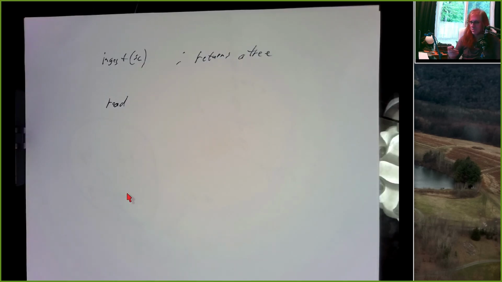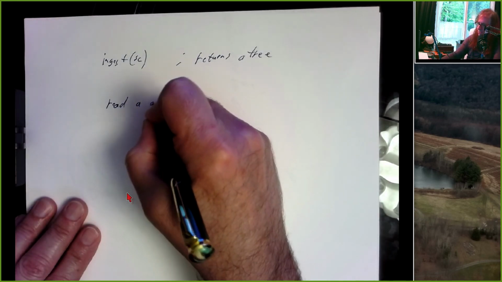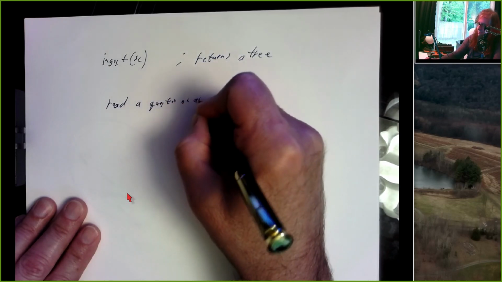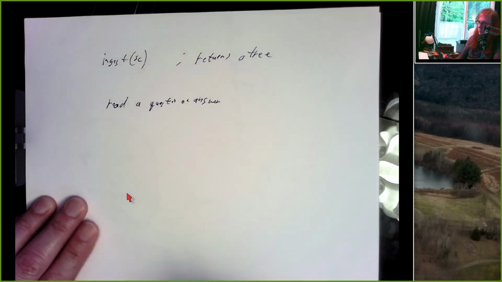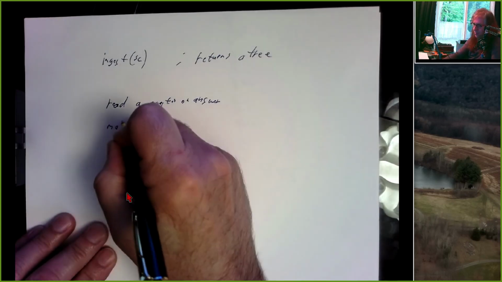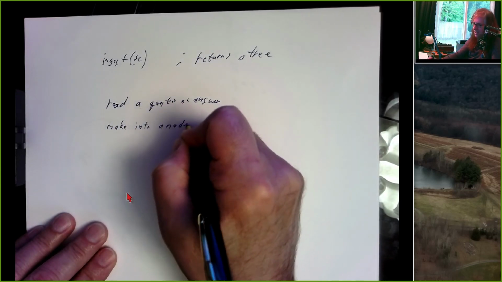So this is going to be pseudocode. So I'm going to say read a question or answer, by which I mean read in 2 lines. The first will be Q or A, the second will be some string. And we're going to make that into a node.